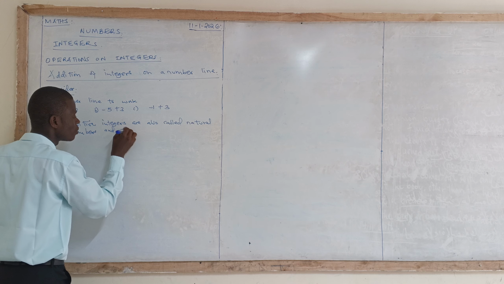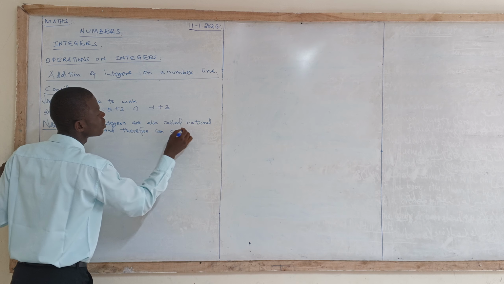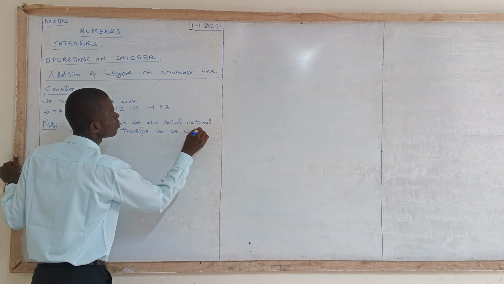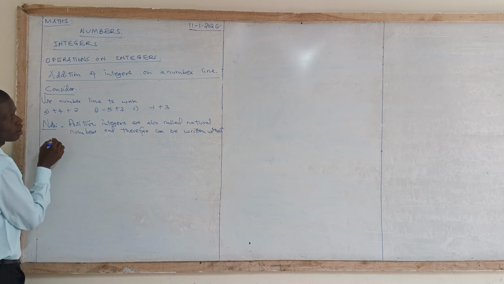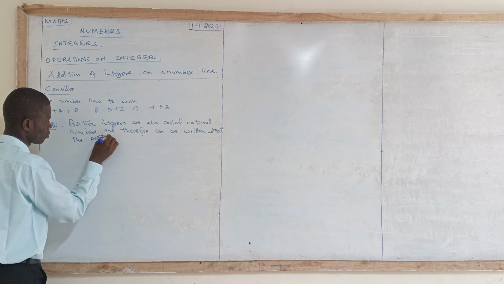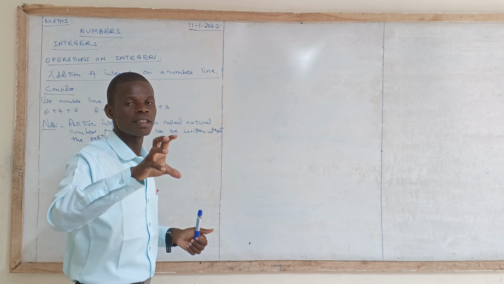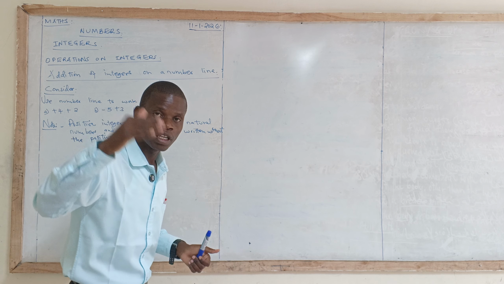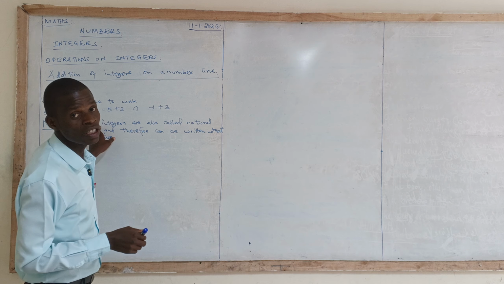And therefore can be written without the positive sign. So what is the key word here? Natural numbers have no positive sign. So if it has a positive sign or it has no positive sign, that is now positive integers.